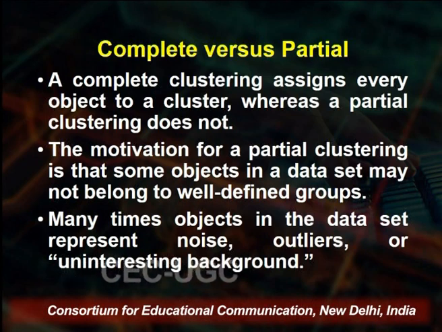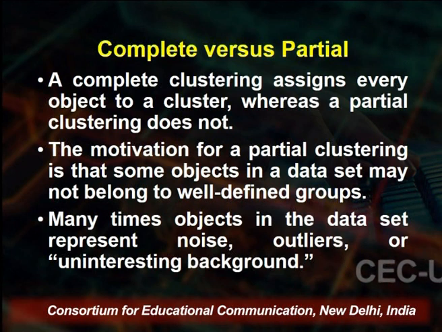Now another type of clustering is complete versus partial. The name itself suggests that complete clustering means that every object will be assigned to a cluster, whereas partial clustering means that it is not necessary that all objects will be assigned to a cluster.